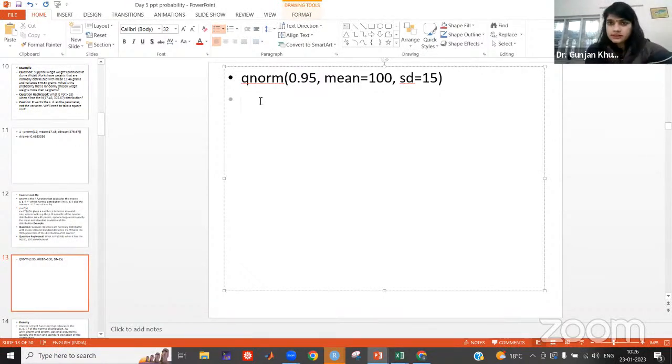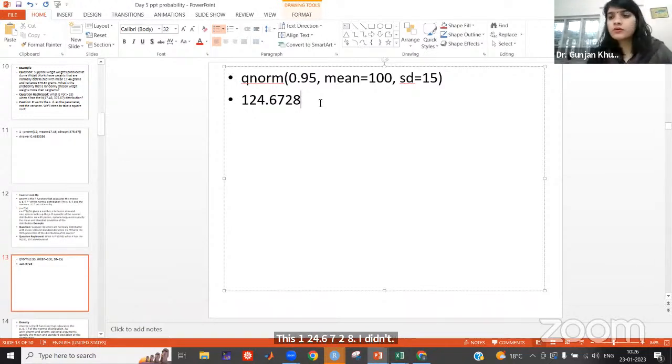What is the answer in this case? 124.6728. What is the meaning of QNORM? QNORM is the inverse of the cumulative distribution function. Now, what is the cumulative distribution function? The probability of capital X less than or equal to x.